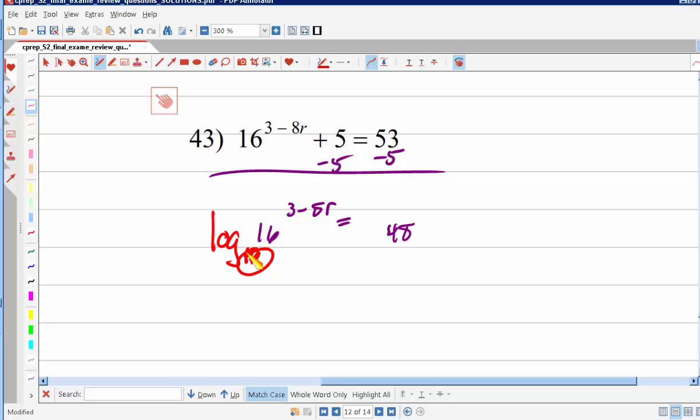Note that this has to equal that. Okay, so let's see. Oh yeah, so log 16 base 16, that crosses out. You get 3 minus 8r equals log 48 base 16.